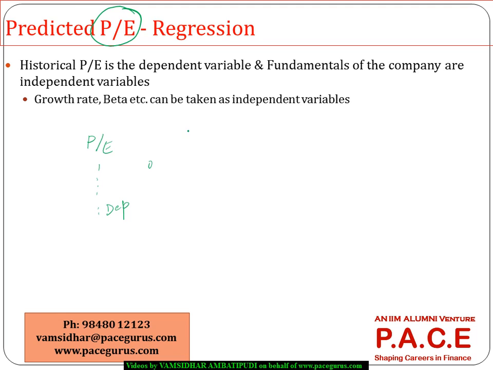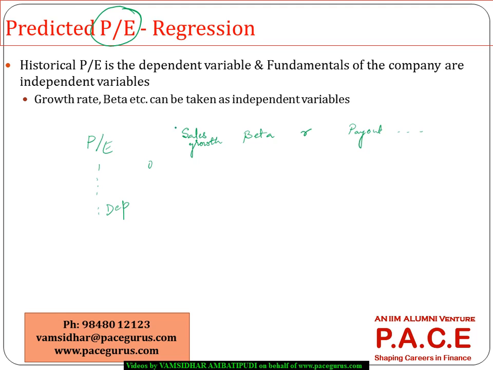Let's say the sales growth, or probably the beta, or probably the required rate of return, or the dividend payout ratio, or anything else.